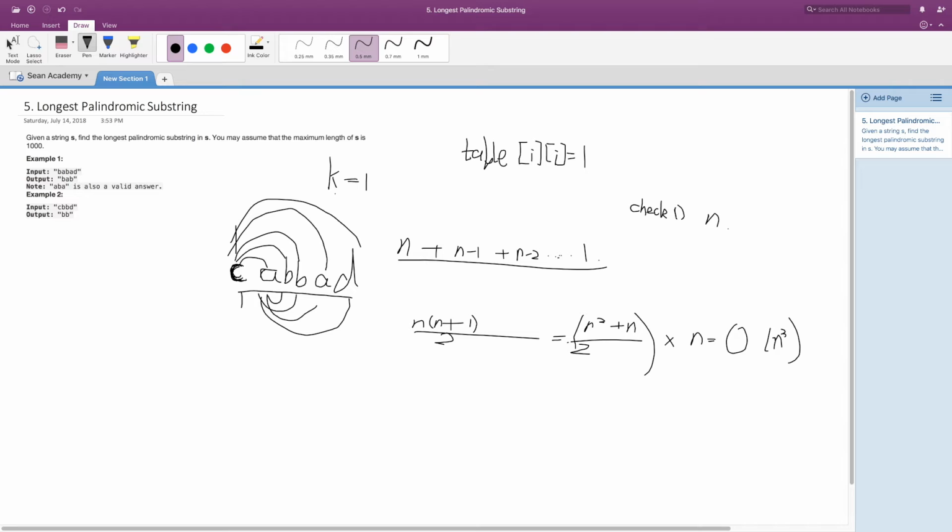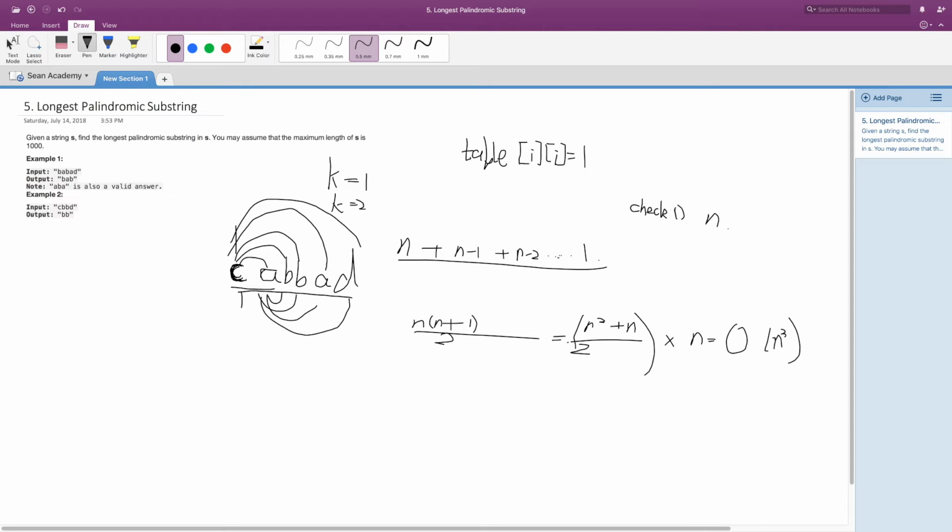So let's say k equals 2. That means the length of the substring is 2. Say AB is the first two-length substring.